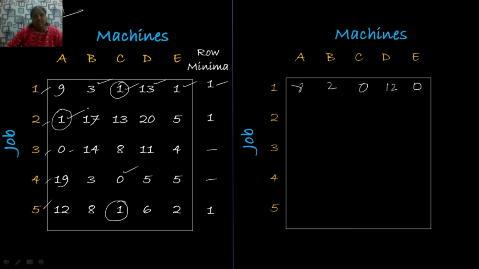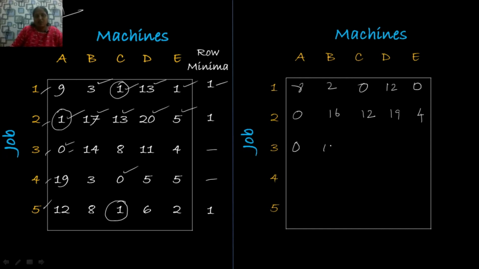Next for the second row, 1 minus 1, 0, 17 minus 1, 16, 13 minus 1, 12, 20 minus 1, 19, 5 minus 1, 4. Next for the third row, we have to write down the third row elements as it is, since it has 0 elements already.